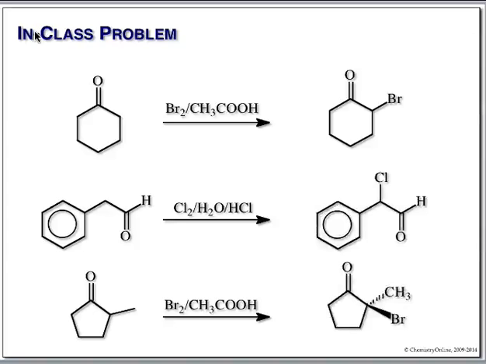Sorry, you said the options were at which carbon or which carbon? Oh, well, there are 2 alpha carbons, here and here. Okay. So, how do you know this is going to be our product?